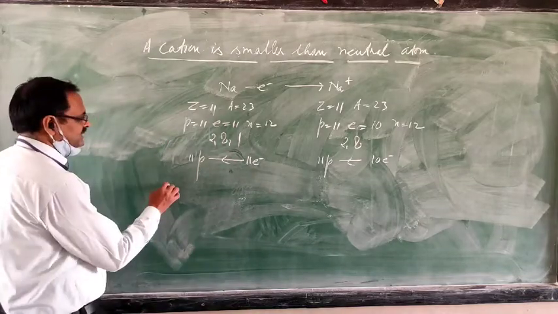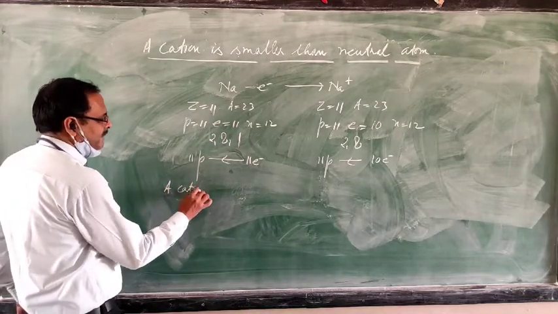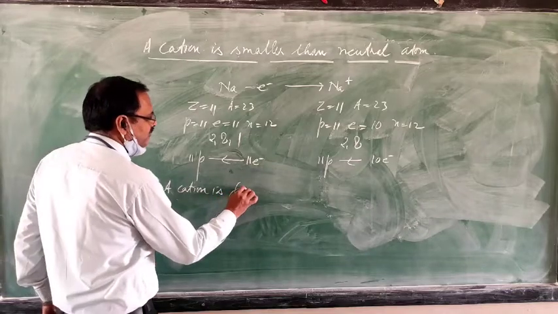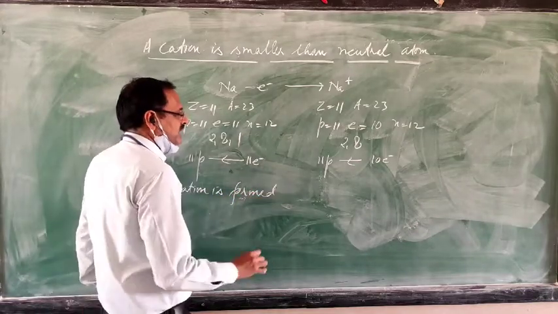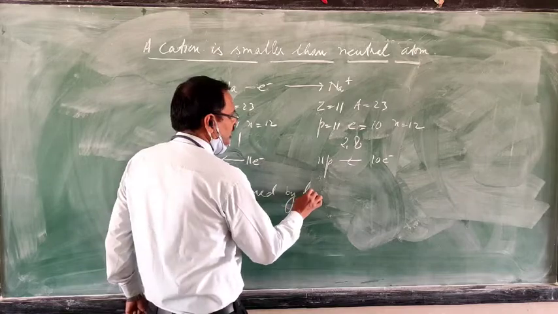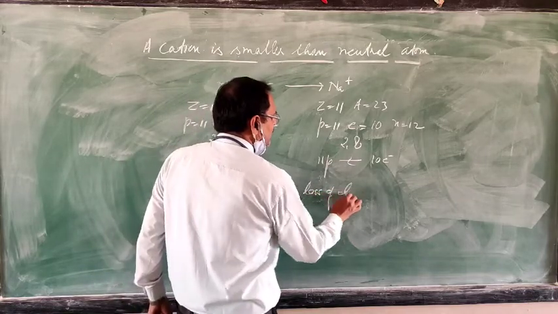So we will write the answer. A cation is formed by loss of electron.